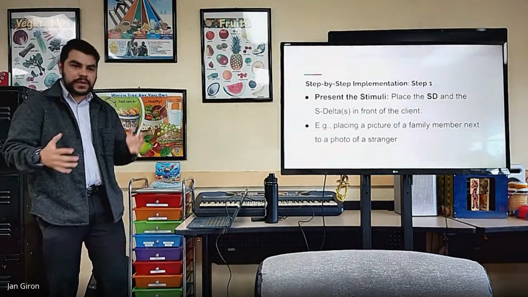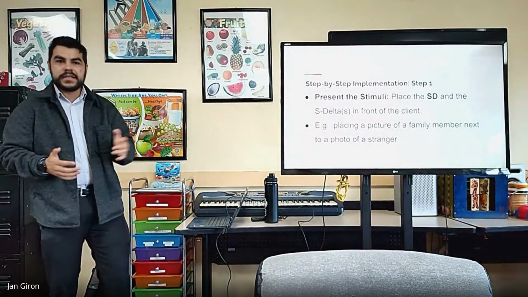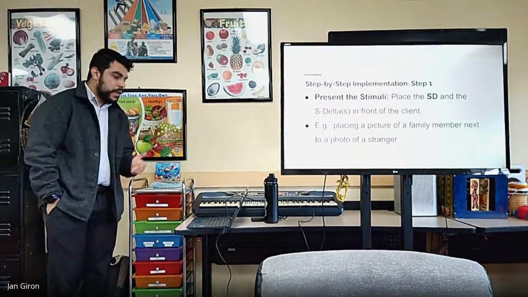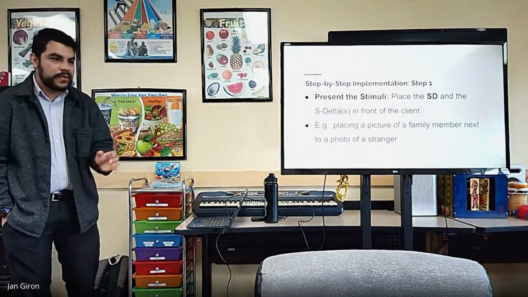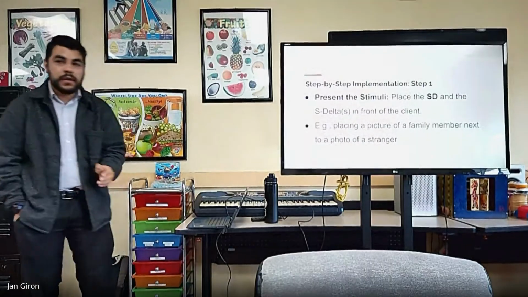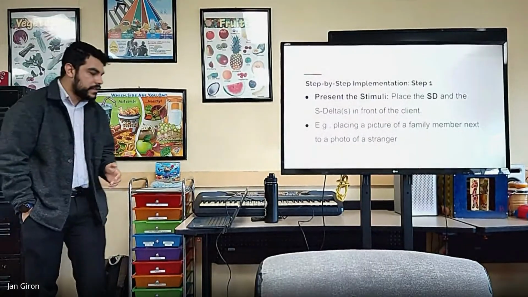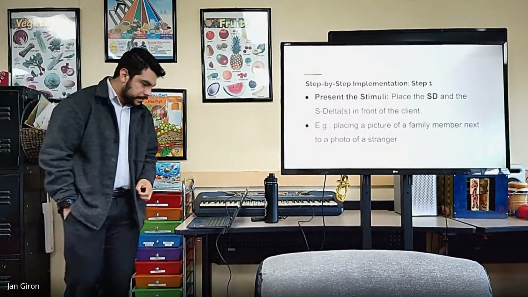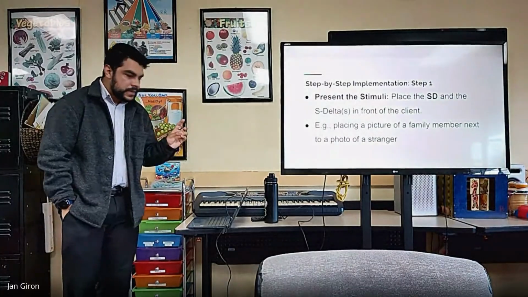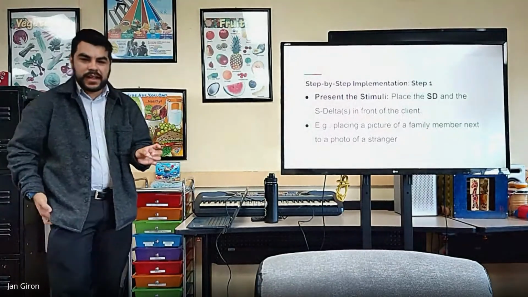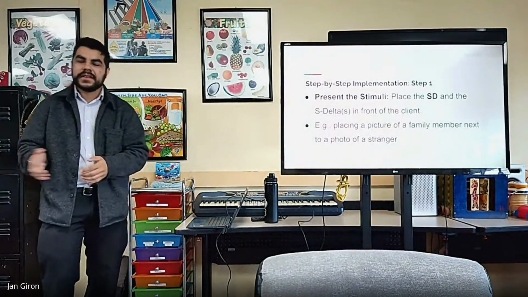Okay, how do we go about implementing this step by step? Well, first of all, we have to present the SD, and if we're at the point where we can implement a bit of conditional discrimination, multiple S deltas. We can think of these as distractor arrays. At the time I was making this, there was a client from one of the care homes.